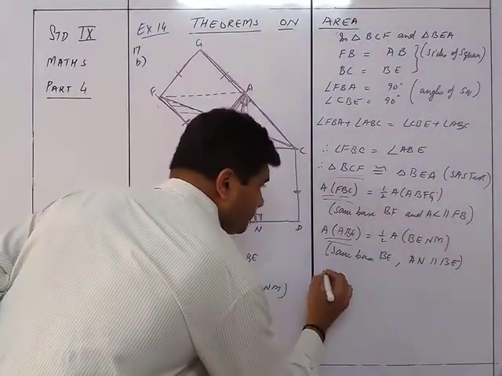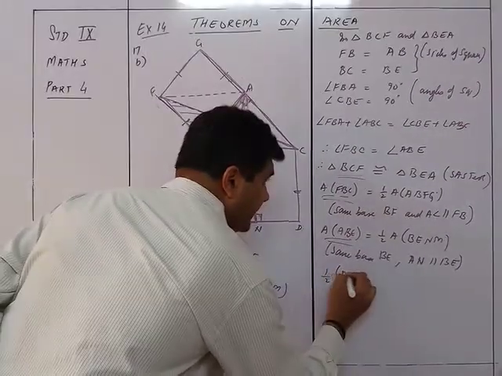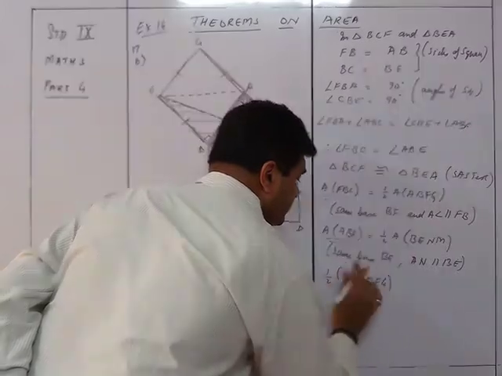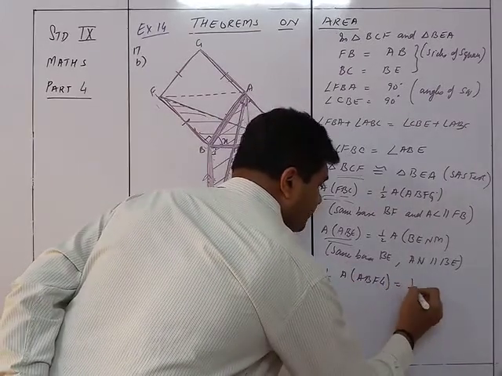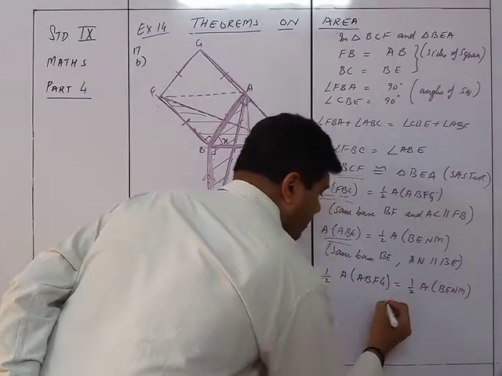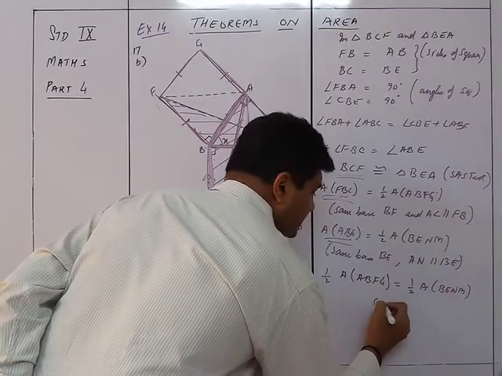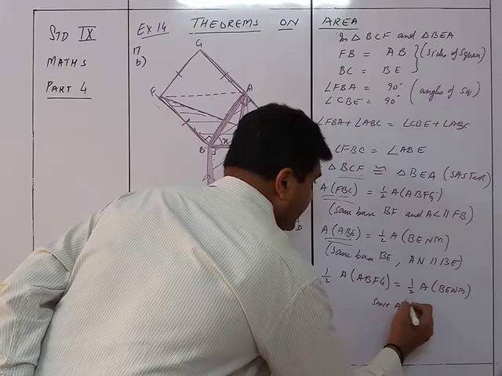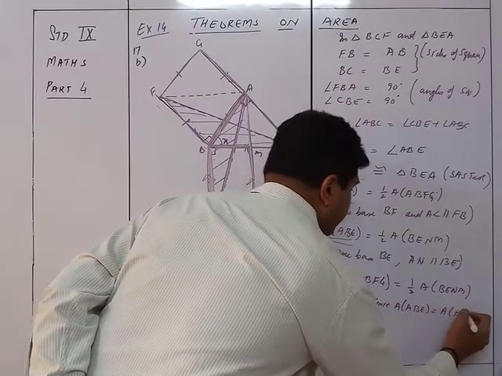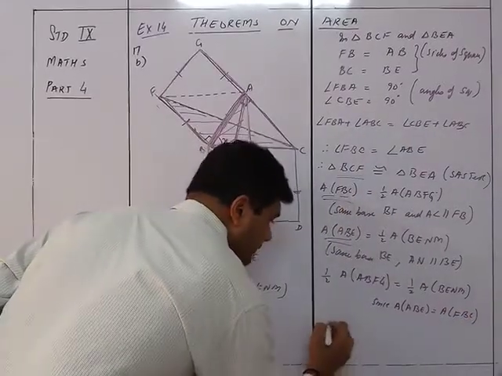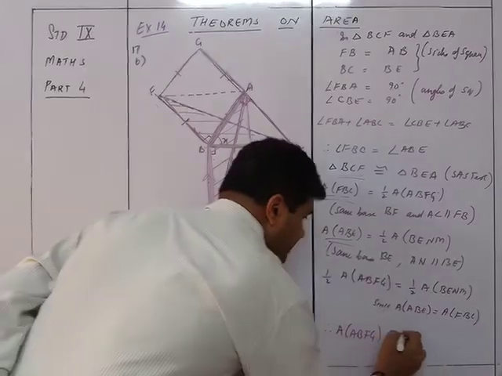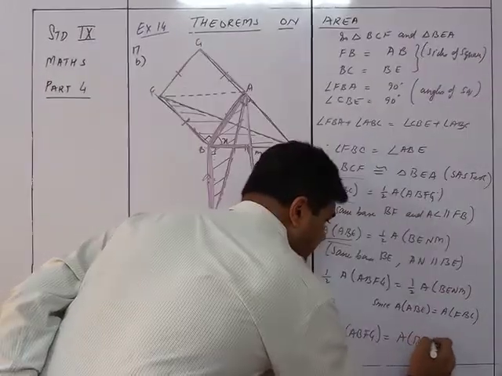So therefore half area ABFG is equal to half area BENM, because since area ABE is equal to area FBC, therefore area ABFG is equal to area BENM.